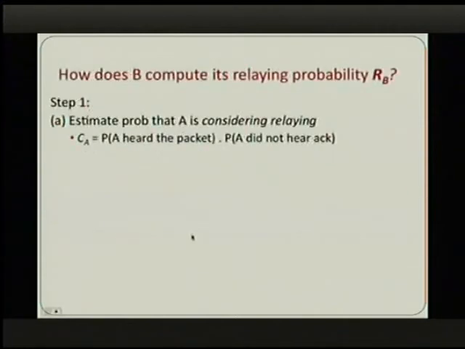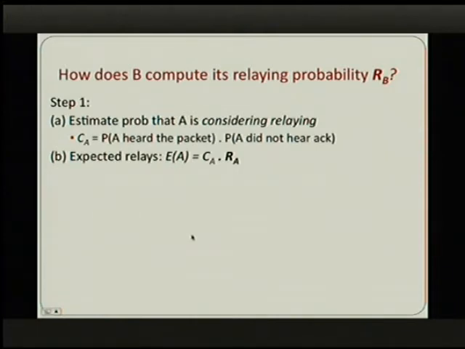So let me give you a simple example of how, say, B would compute its relaying probability. B wants to make a collective decision. So it would first estimate the probability that its neighbors are all also considering relaying. So for example, its neighbor A is considering relaying, which is the probability that A heard the packet but did not hear the ACK. And so based on this, the expected number of relays by A is the probability that it's considering relaying times the probability that it relays the packet.